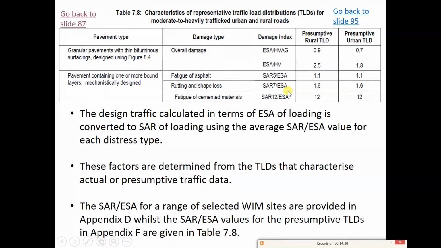Okay, so the ESA will be equal to SAR 7 divided by 1.6. ESA you bring over to the right, and the 1.6 goes to the bottom, so ESA becomes SAR 7 divided by 1.6. That gives us the ESA.